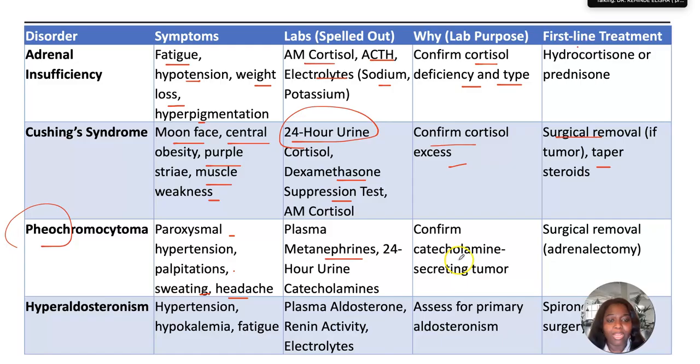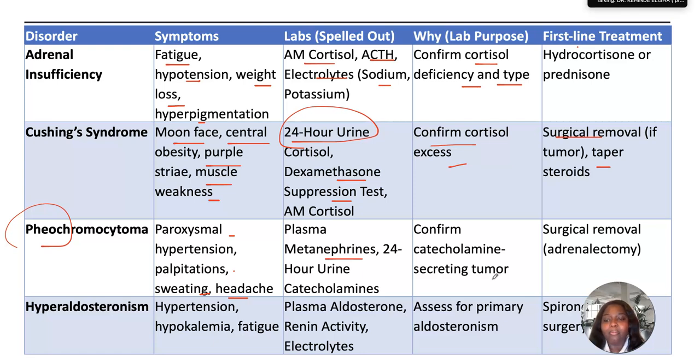We want to confirm a catecholamine-secreting tumor, because other things can also have the symptoms. But when we do this test, it's going to help us nail whether it's truly pheochromocytoma or not. So what is the end game? End game is adrenalectomy. They have to surgically remove the tumor.